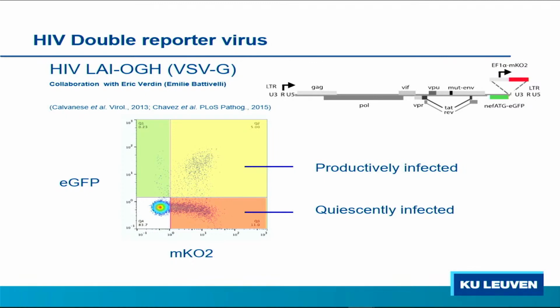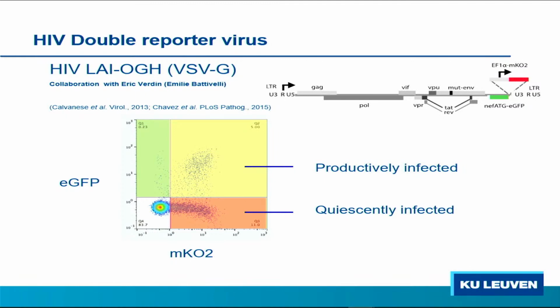So red plus green makes yellow. So the upper right quadrant, these are the productively infected cells. And so by comparing the red cells, the quiescent cells, with the productively infected cells, we know the ratio between the activity of the promoter. How much latency do we have?